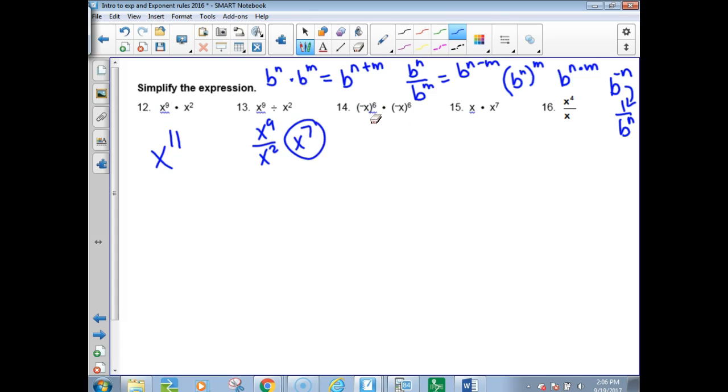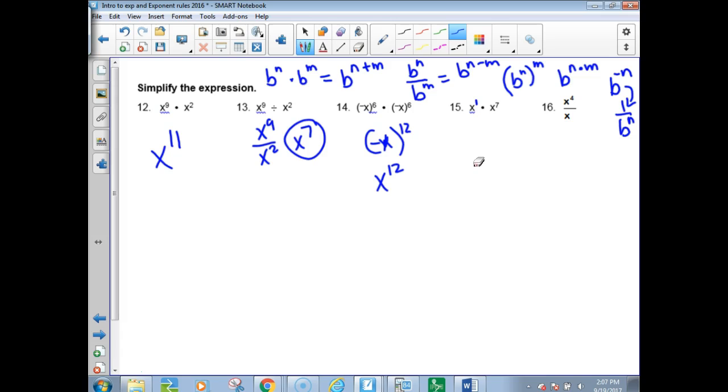The negative x is in the parentheses, so it's going to be the opposite of x to the 12th. But what would happen to that anyway? These are both positive, so it would be equivalent to x to the 12th. What's the exponent when there isn't one there?